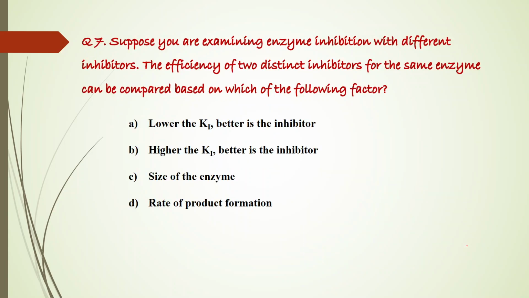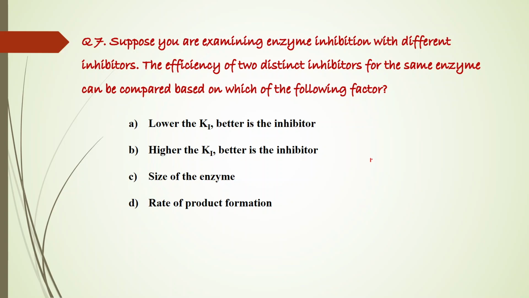Moving to the next one, it states: suppose you are examining enzyme inhibition with different inhibitors. The efficiency of two distinct inhibitors for the same enzyme can be compared based on which of the following parameters?